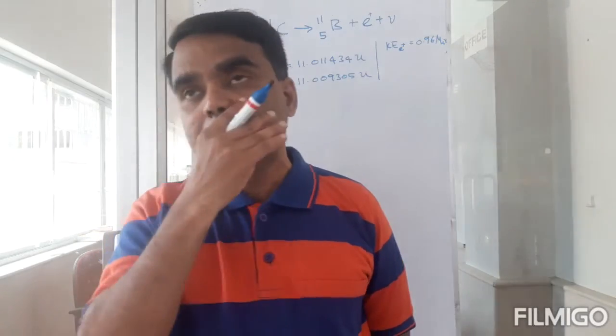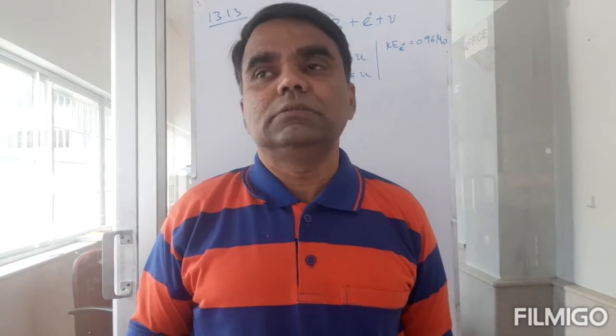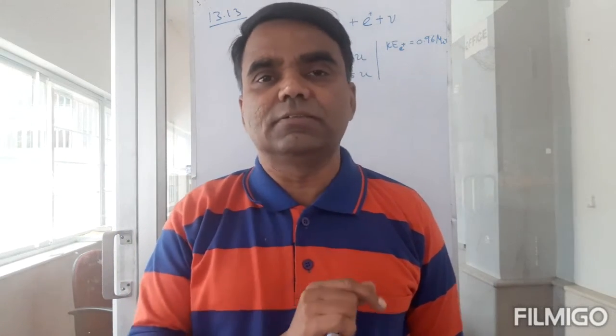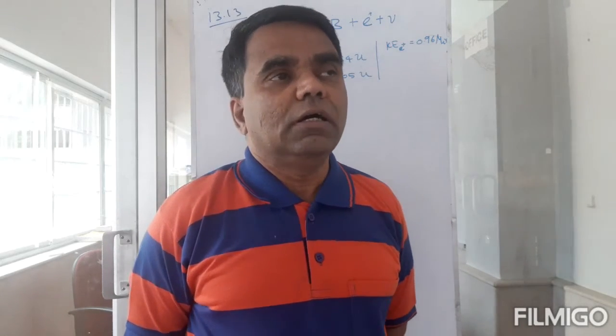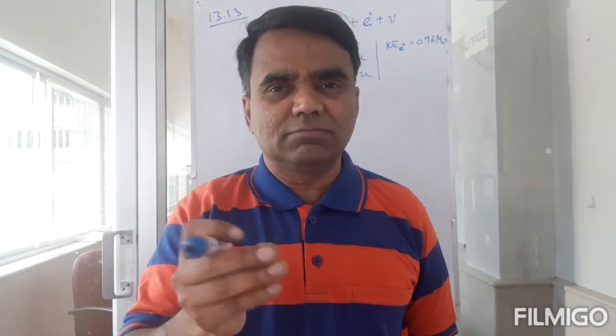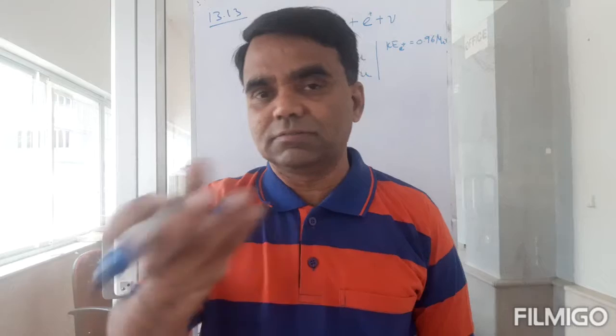The second thing you have to remember is there is a slight difference here between what we discussed before and what we're discussing now. In the previous problems, we were dealing with alpha particles, which are heavy compared to electron.